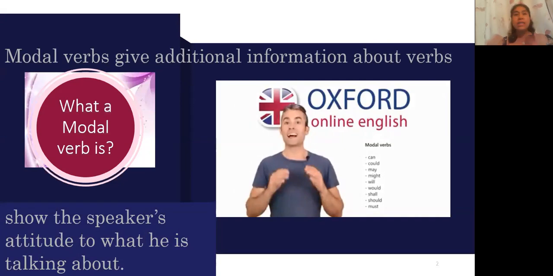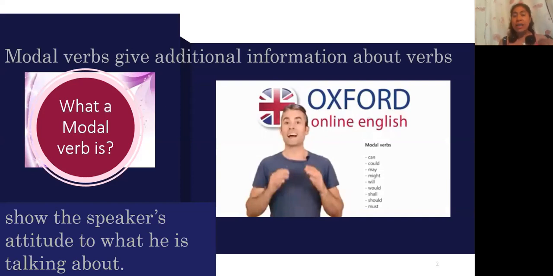For example, if it is can, it expresses ability. If I say I can, with no more information, it doesn't make sense. But if I say I can swim, now you understand.